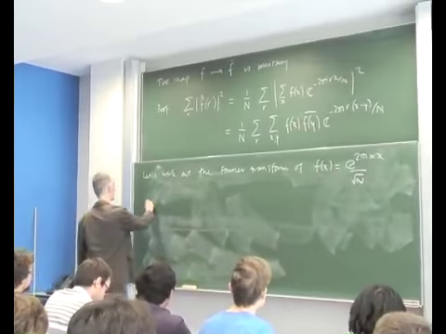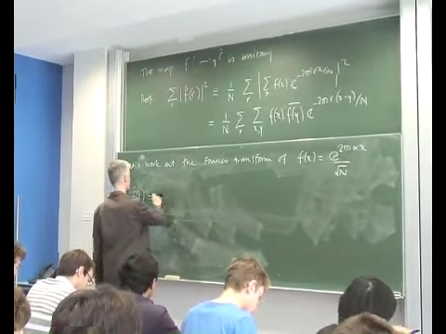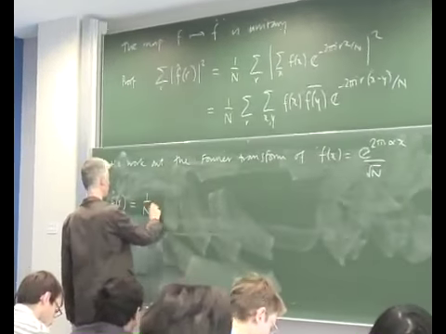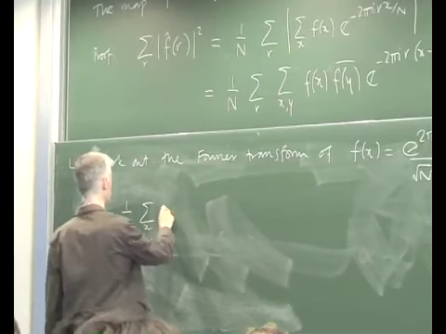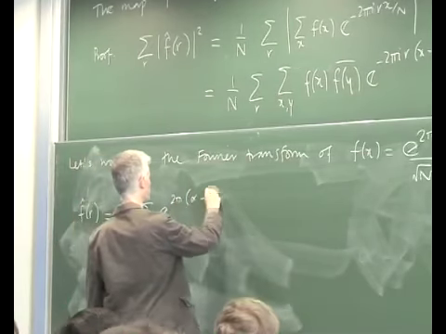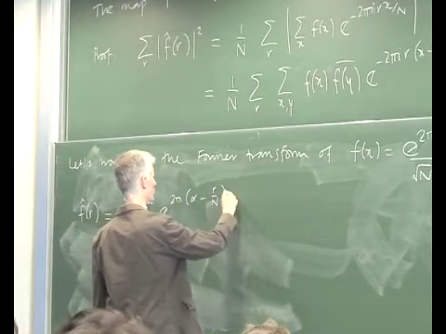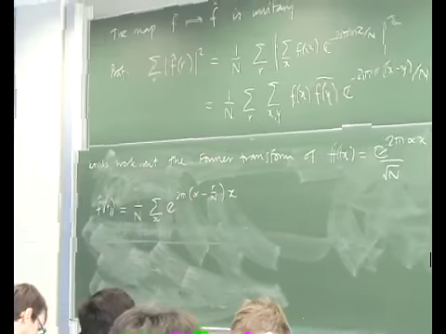But let's work out this Fourier transform. So we get f hat of r equals 1 over n, sum over all x, of e to the 2 pi i times alpha minus r over n times x.